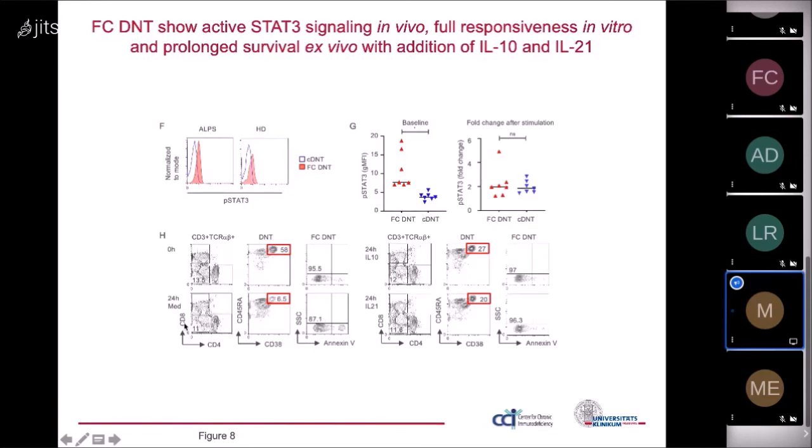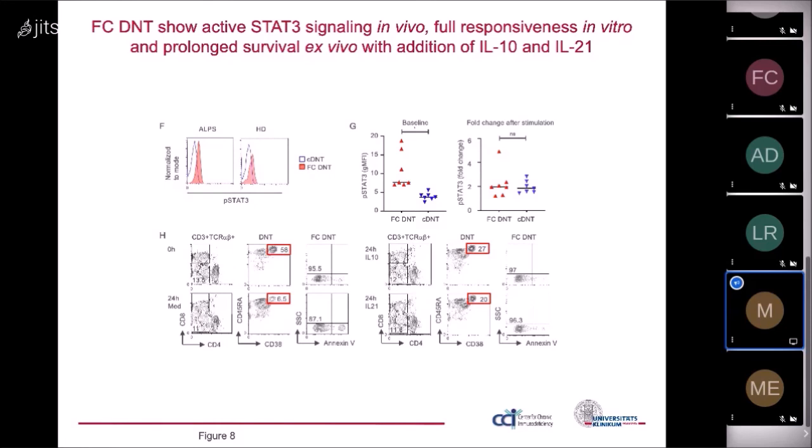And as you can see here is the starting time point, and here with medium alone, and here with IL-10 or IL-21. I mean, they still die, unfortunately, but you can see a sort of improvement in the survival when adding these STAT3 activating cytokines instead of medium alone, or we tried also with IL-2 and it didn't help.